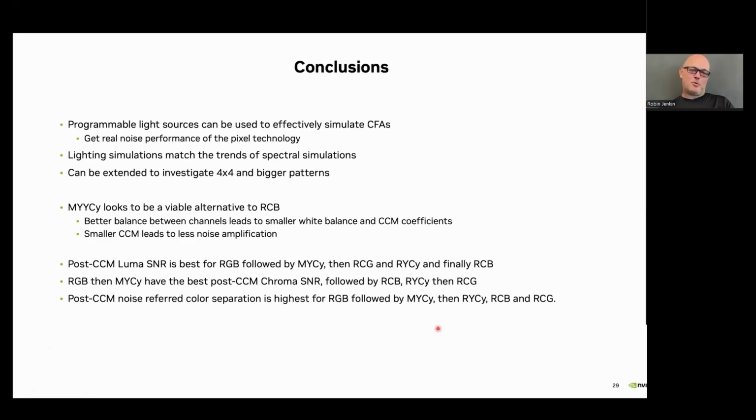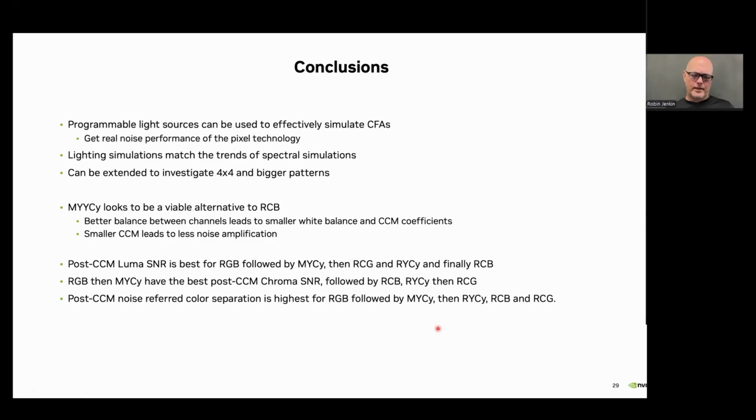The programmable light source is great. It really is a good tool to be able to investigate these sorts of things. One of the things I didn't say is it can support other algorithm development as well, because you have a full plane for each of the red, green, blue, cyan, magenta, yellow, and clear.